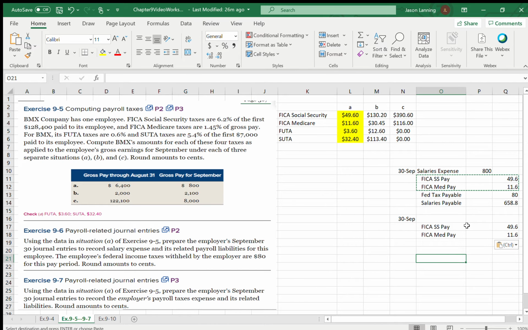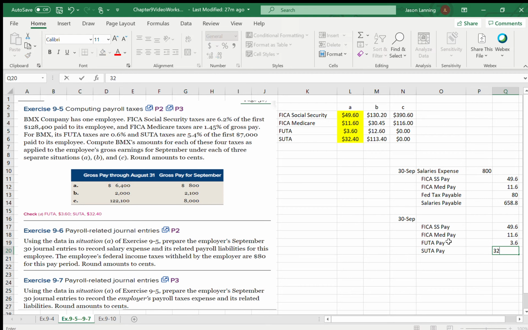So they're going to have a Social Security payable. They're going to have a Medicare payable as well. Also, we're going to have our FUTA payable and SUTA payable, because the employer has to pay these items out of their pocket, not from deductions from the employee's payroll or paycheck.